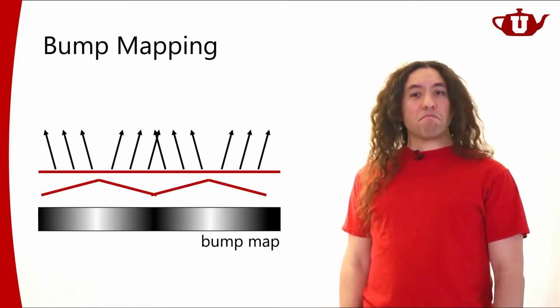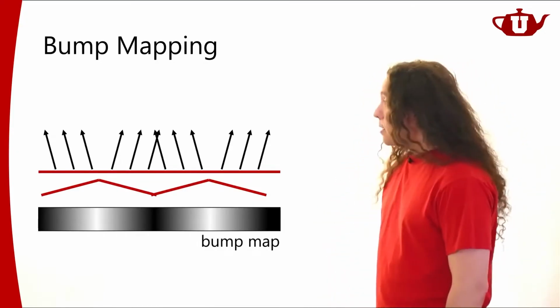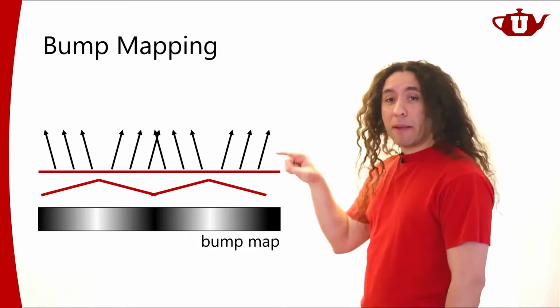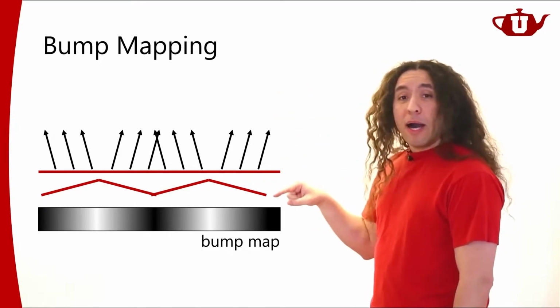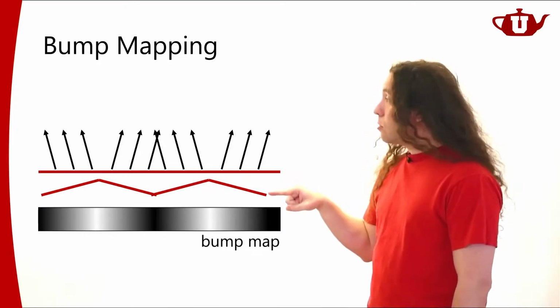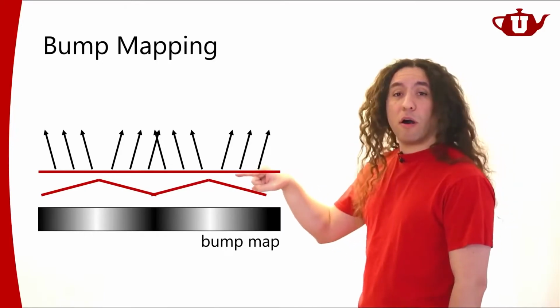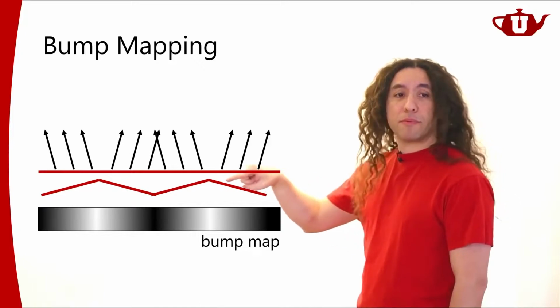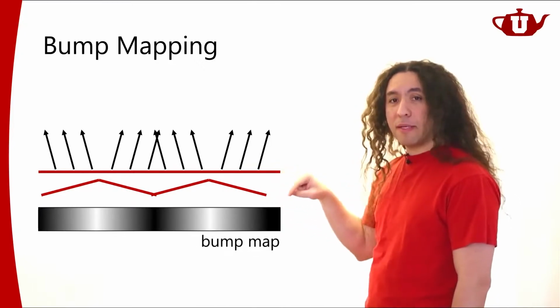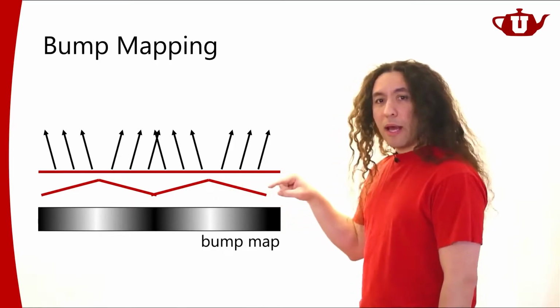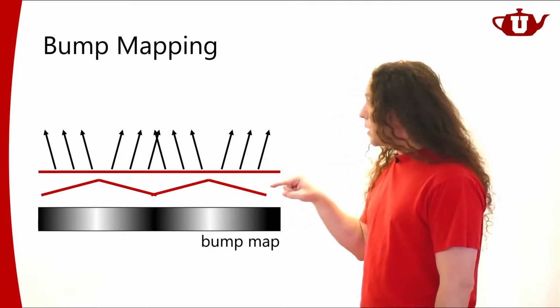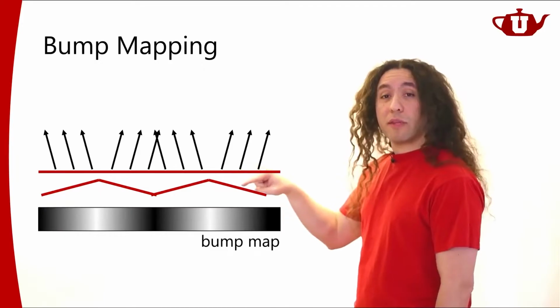Now the way this works is that with bump mapping, as I said, it's a very, very old technique. I need to figure out the surface normal of this ramp, right? So I have a gradient of color going from black to white here, and I need to figure out the surface normal of this.